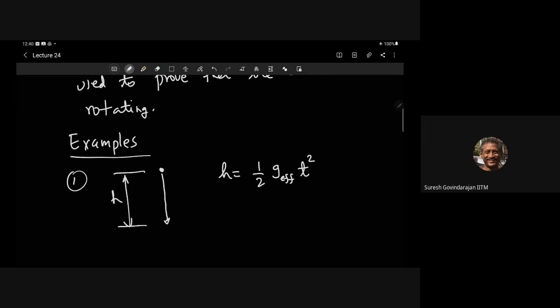Okay, and so t will be square root of 2h by g effective, g square rather.